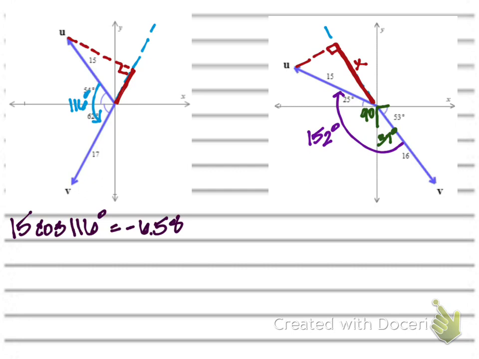So we can say that x is the magnitude of u, which is 15, times the cosine of 152. Negative 13.24.